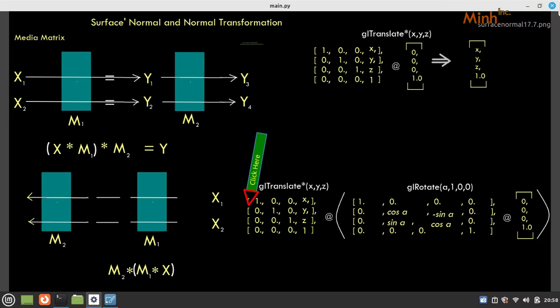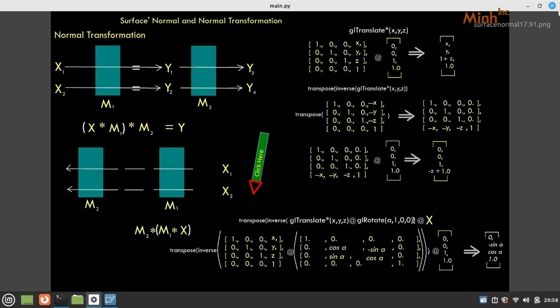If that is true, then this is M and this is V. Now we have to find the transpose and inverse of this. So the inverse of this is this, and if we do the transpose, then this will come here. So the transpose of the translation is like this.